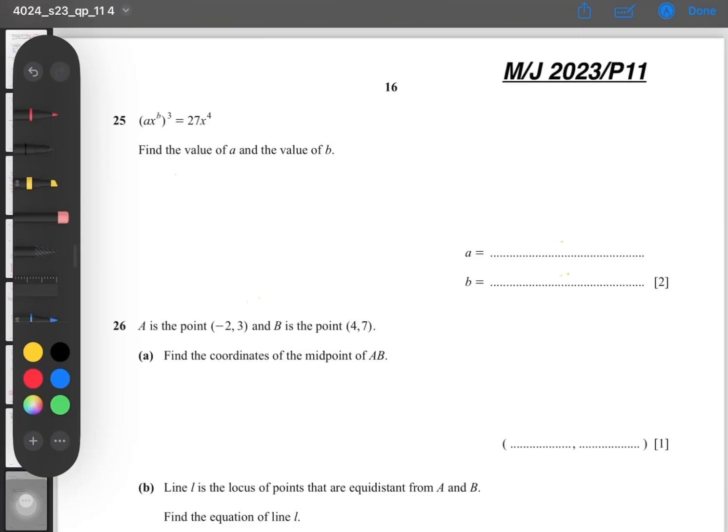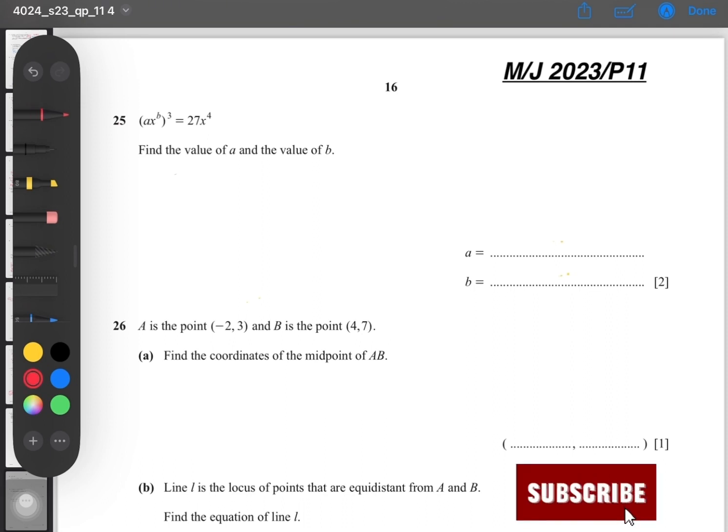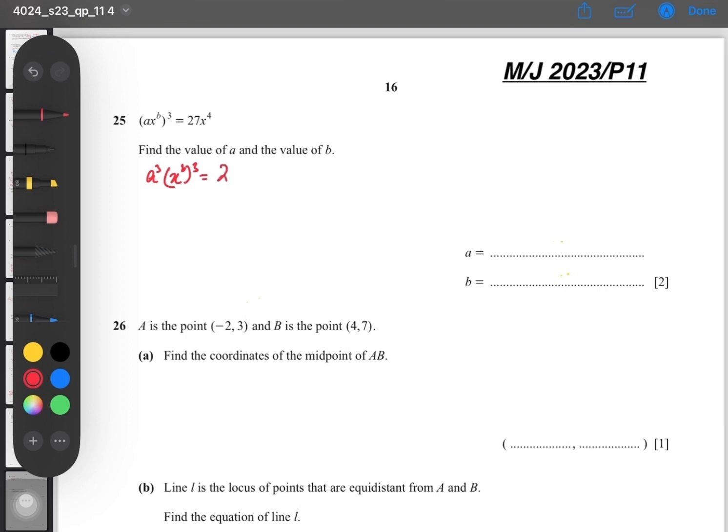Question number 25. Ax raised b raised 3 is equal to 27x raised 4. Find the value of a and the value of b. So first of all, I will simplify the power. So it will be a cube x raised b cube equals to 27 into x raised 4.